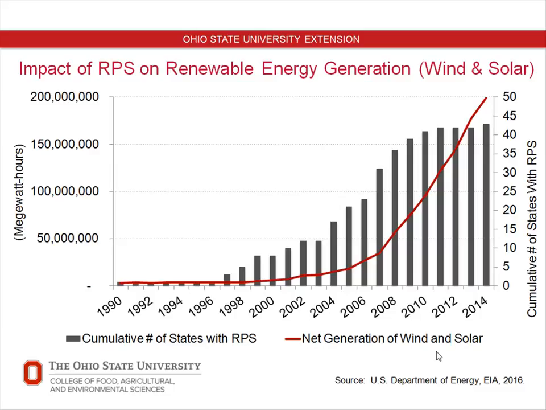The gray bars represent a cumulative total of when states established their renewable energy policy. So in 1990 there was one, that was Iowa. They were early adopters. They set their policies in place in 1983. You see in the mid-90s, that's when we started to gain some traction, some development, some activity, late 90s and through the 2000s. And you can see in 2014 now there's 41 states that have that policy.